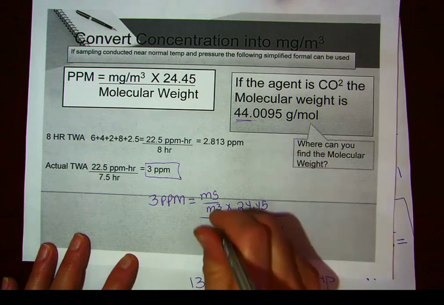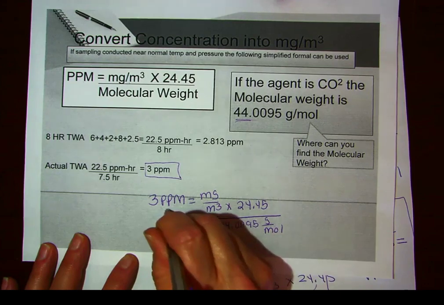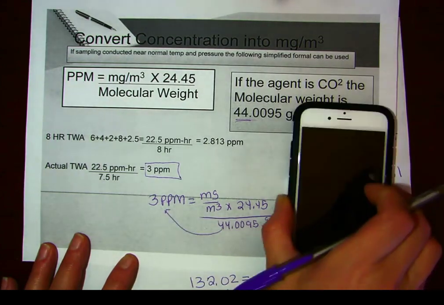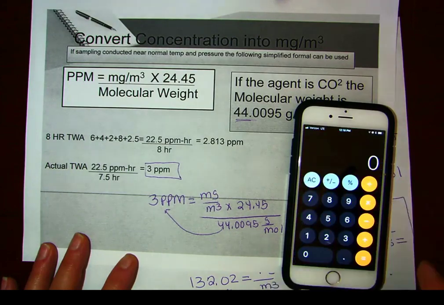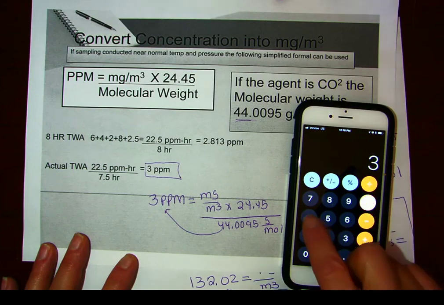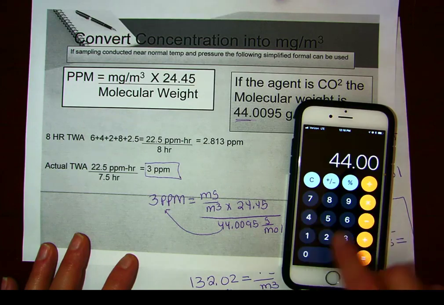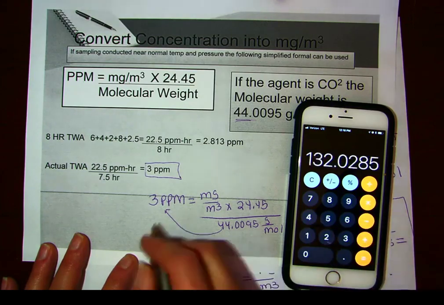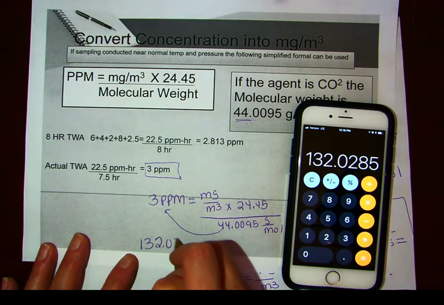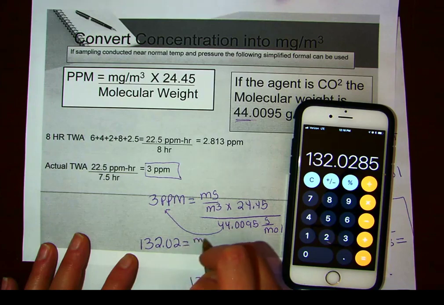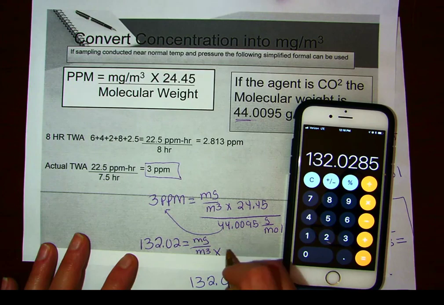Okay, so I need to isolate this variable. I'll do that first by getting rid of my bottom number. Again, I apologize for my calculator. 3 times 44.0095 equals 132.02 equals milligrams per meter cubed times 24.45.